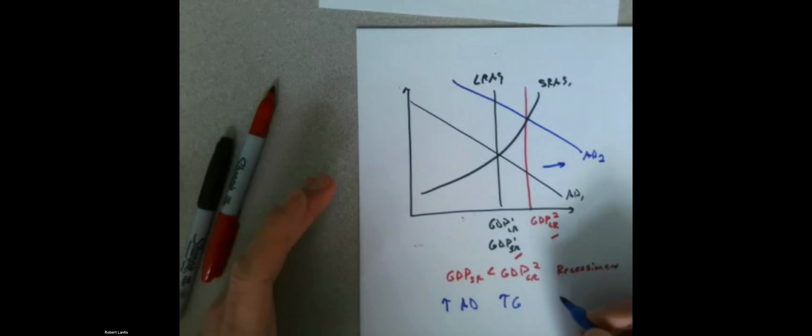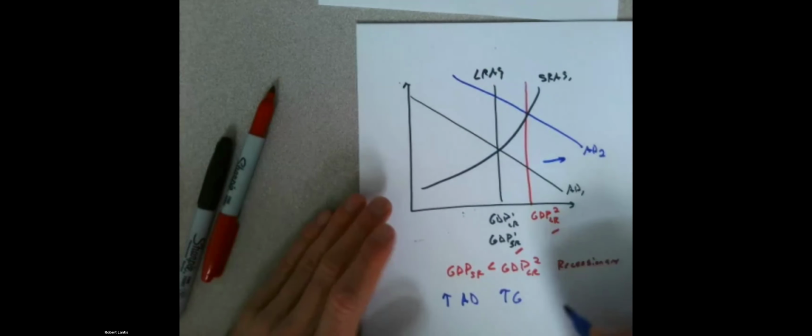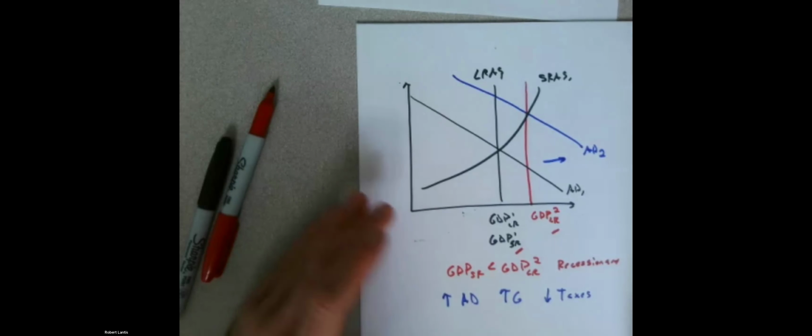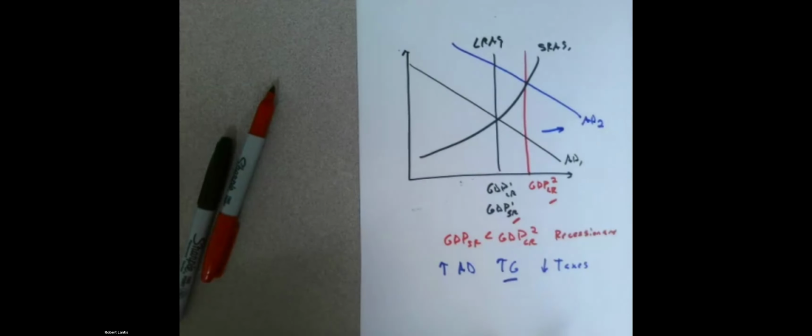Or if I gave you a different setup with possible options, another correct answer could be that you decrease taxes. Now, this question isn't phrased in terms of taxes. It's just asking about government spending. So that second part is we could increase government spending. But if I change it to what would the government do to taxes in order to increase aggregate demand, we need to decrease taxes. Okay.